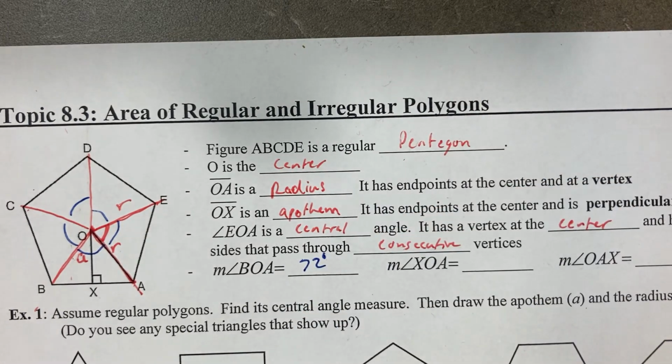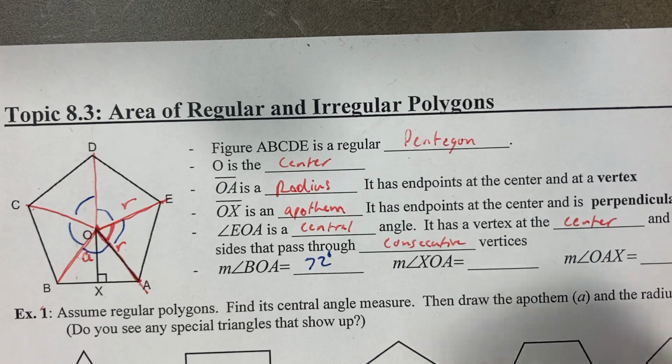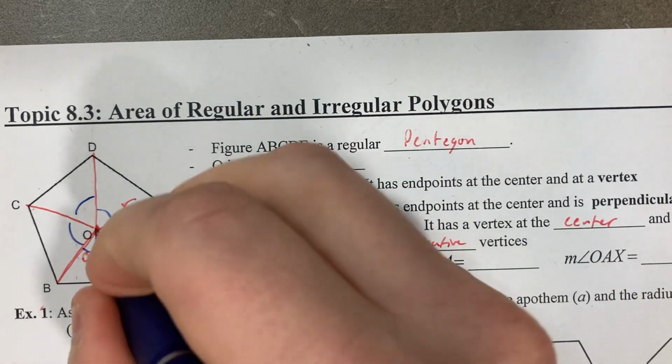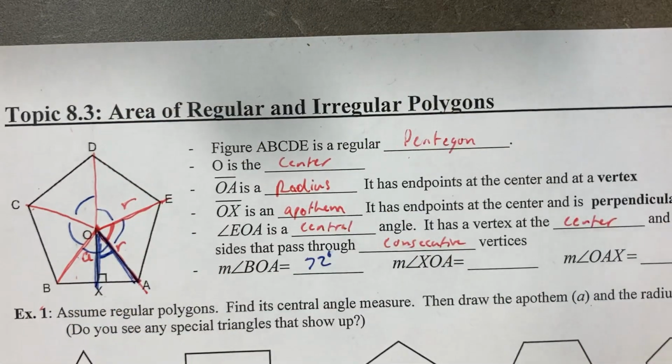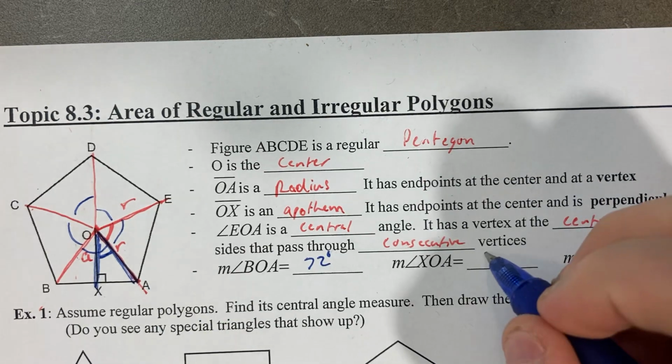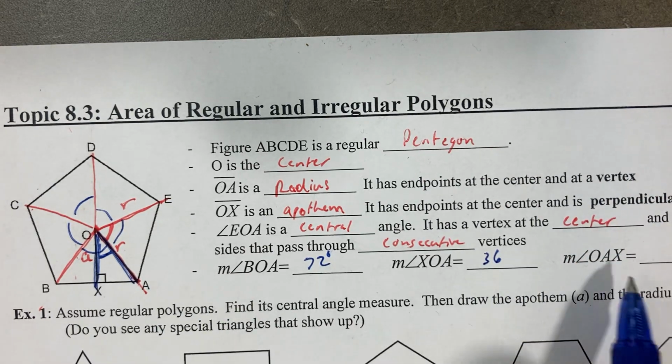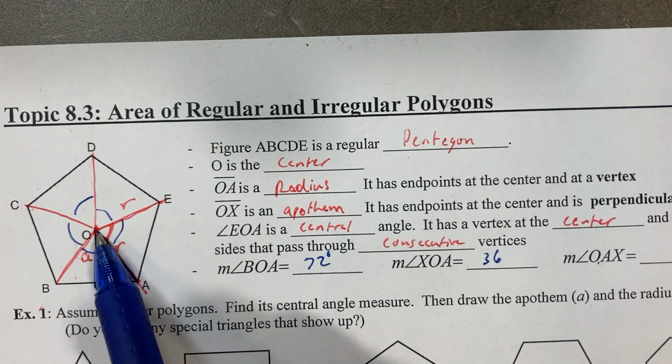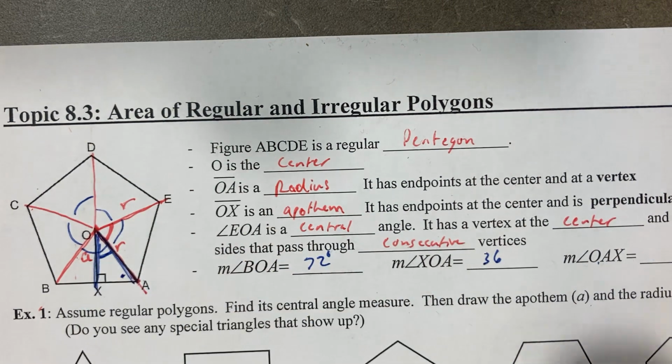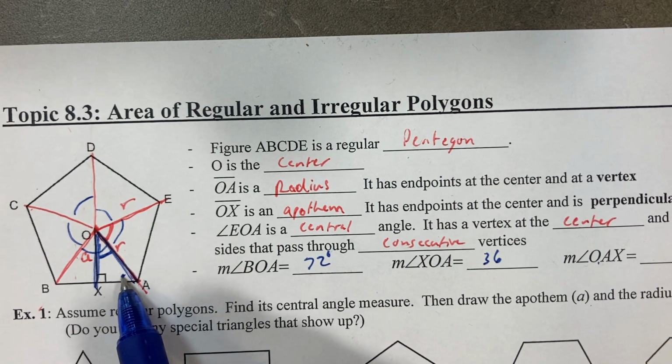72 degrees. Now, XOA is half of the central angle. That's that angle right there, so that is just half of that, so 36. And then angle OAX, that's this angle right here. And this will be a test question. You have to find the central angle, and you end up having to find this angle right here.